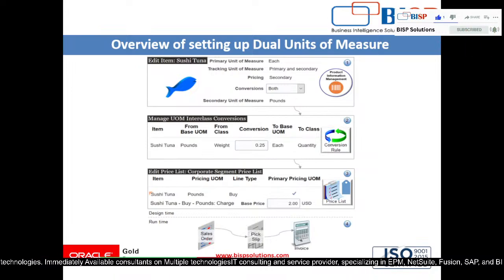Then order management creates and sends a shipment request to Oracle Shipping, right? Oracle Shipping creates a shipment and populates the primary request quantity and the secondary request quantity according to your conversion rule. You set the conversion rule in the interclass conversion setup, right?